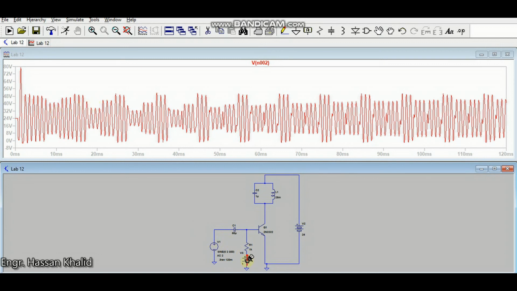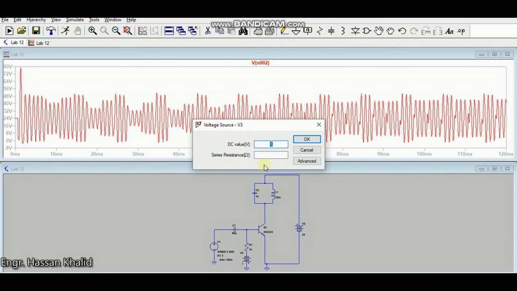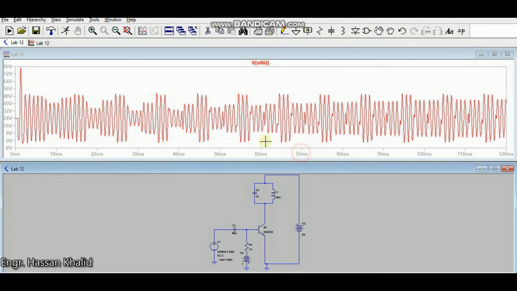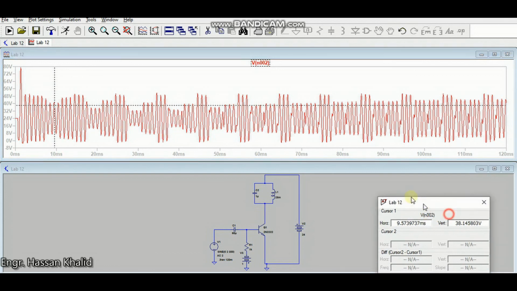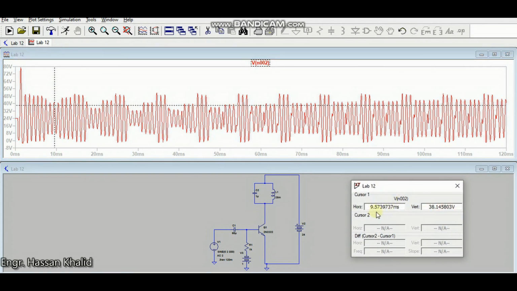Before this 1 volt, when we were observing our voltage, this is the first level of the amplitude, this one is the second one, and this one is the third level. You can see this one is the third at nearly 9.5 milliseconds.